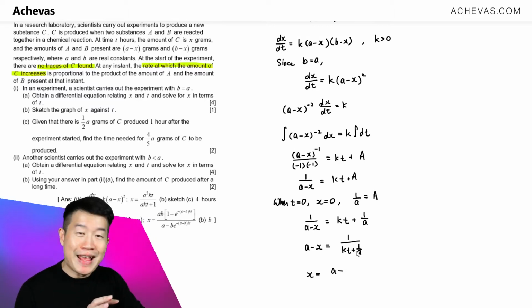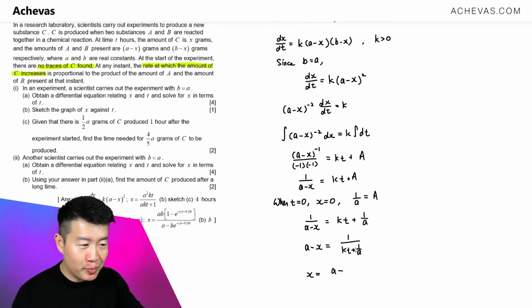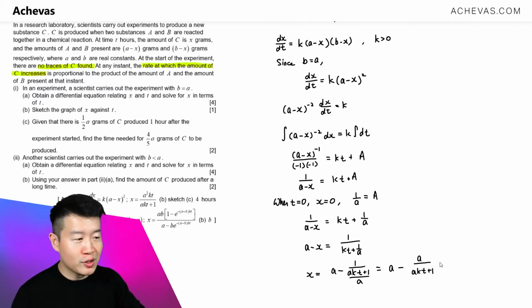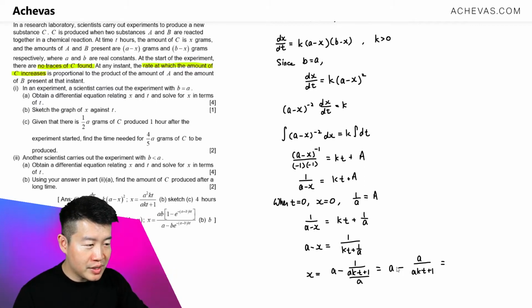Let me re-express the denominator by grouping it together, which gives 1 over (Akt plus 1) divided by A. So we will have A minus A over (Akt plus 1). Let's group this into one single expression. That will be A times this, which is A squared kt plus A, then minus A, divided by the common denominator, Akt plus 1.